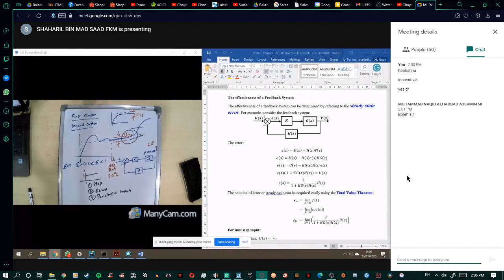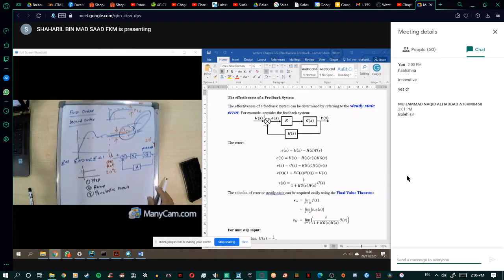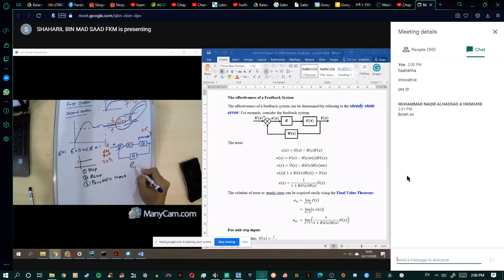So we will look into whether our system, when we apply K and so on, is stable or not. So today, what we are going to achieve is the steady state error, what is the value, and also to check whether our system is stable or not. These are the two objectives that we are going to learn in this class today.